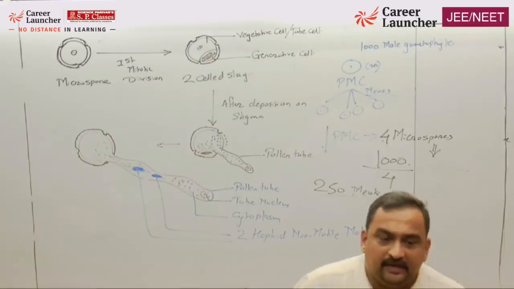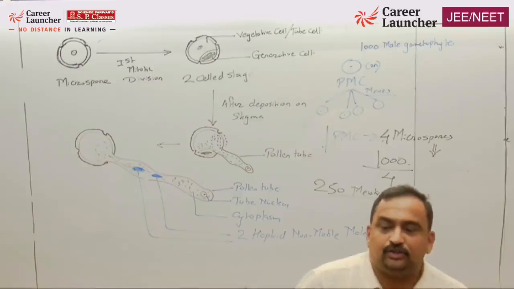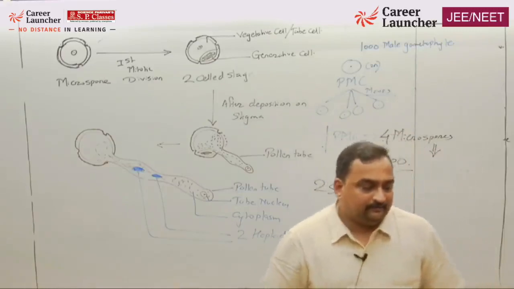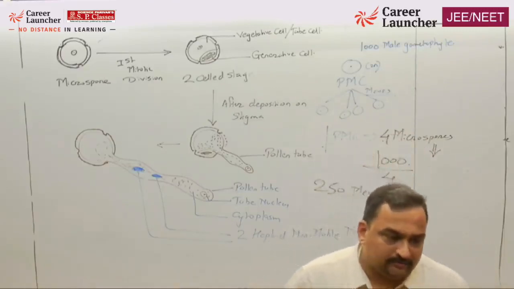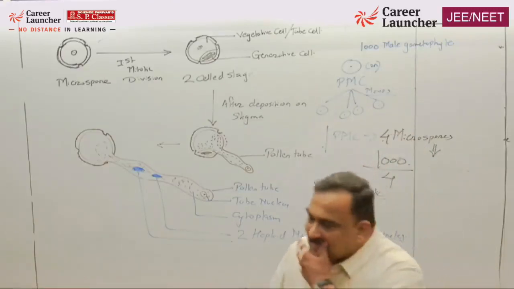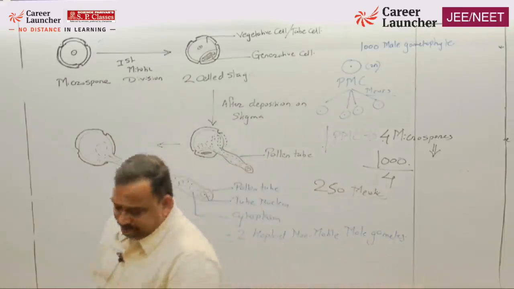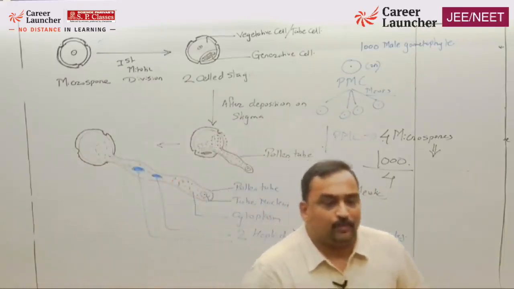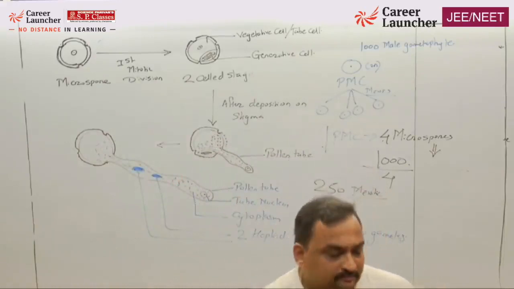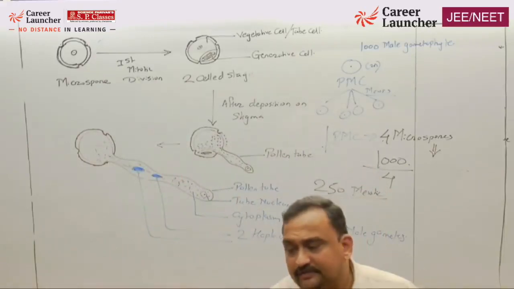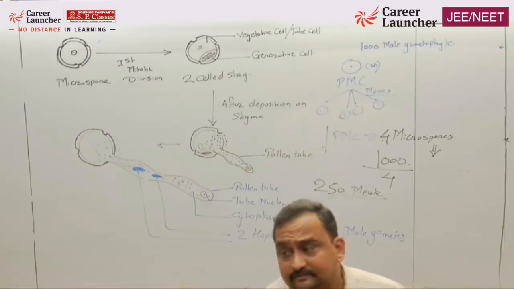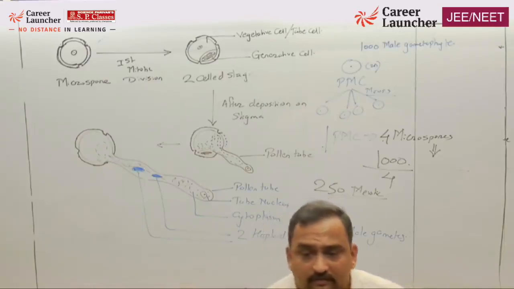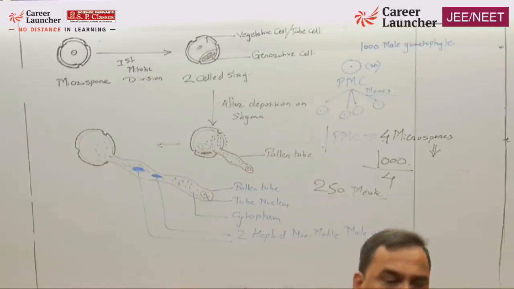Next, each microspore undergoes 2 mitotic divisions for formation of a male gametophyte.